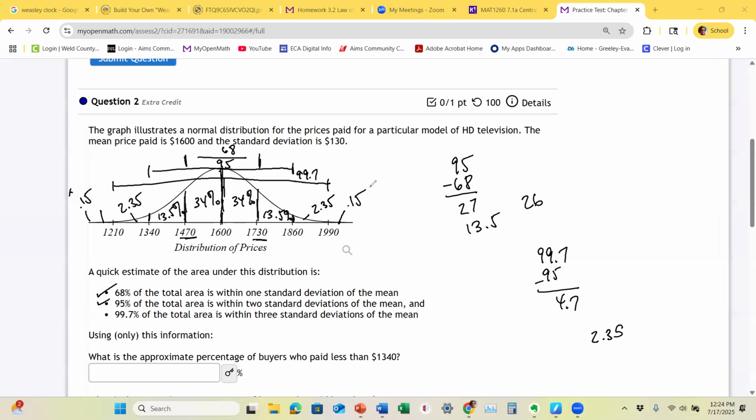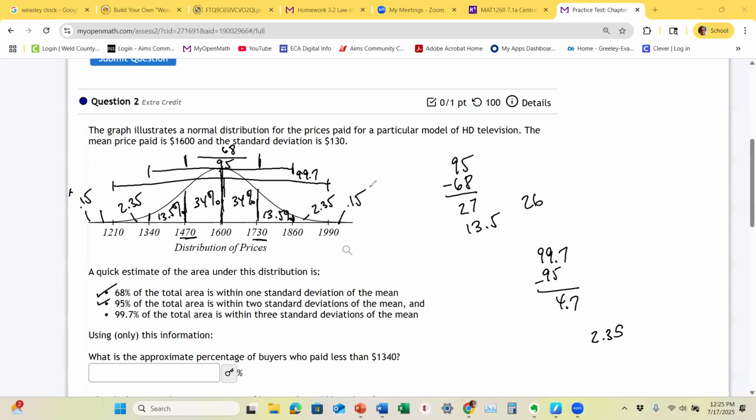I'm going infinitely out in this direction, infinitely out in that direction. So now I've gone from 99.7% to 100%. And how much more is 100% than 99.7%? 0.3. And we have to cut that in half. So that's going to be 0.15. So I've got 0.15 over here and 0.15 over here.